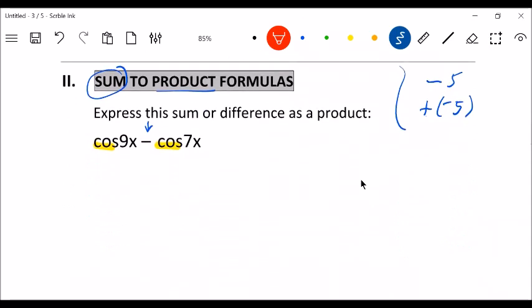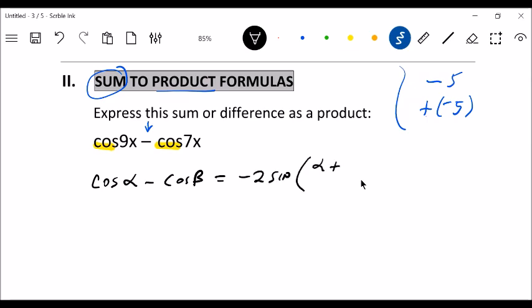This formula, okay, so I'm going to first do cosine alpha minus cosine beta. The formula for that is negative 2 sine alpha plus beta over 2 times sine alpha minus beta over 2.